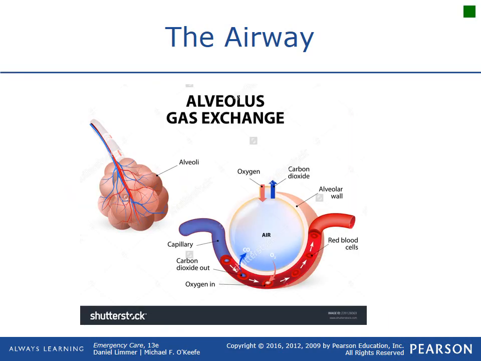Here you see a kind of graphic image of the alveoli and how gas exchange happens. Over here you see your alveoli and those capillaries that are wrapped around each one of them. Over here is your capillary. Within that you've got your oxygen coming down in and you've got the CO2 coming out.